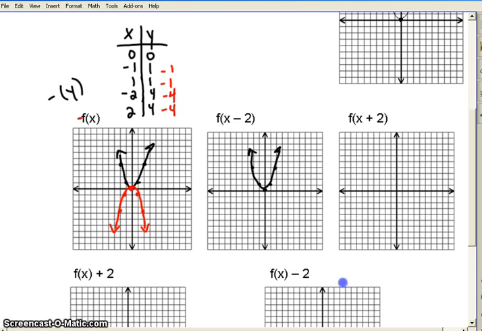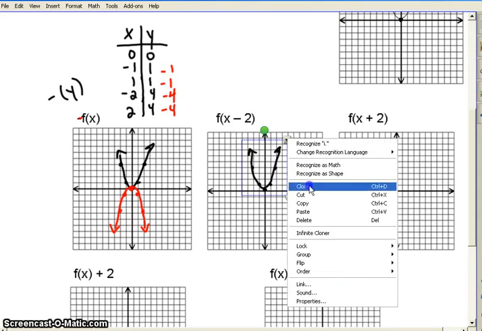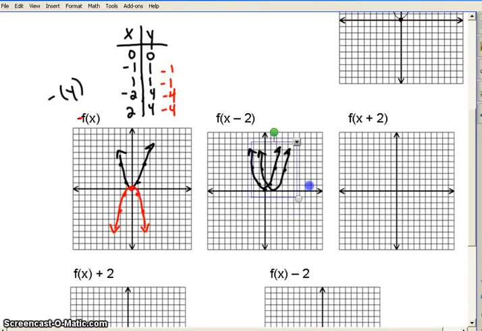And then you're just going to take that, and every single value is going to come over. Okay? So this is going to be a shift to the right 2.